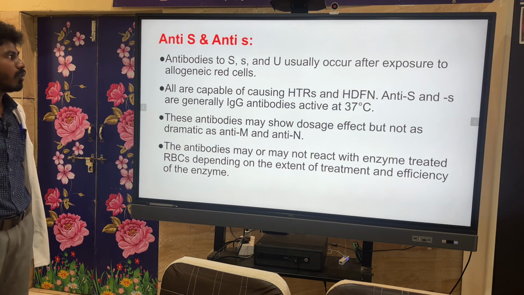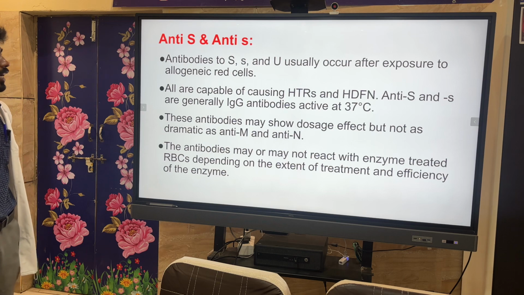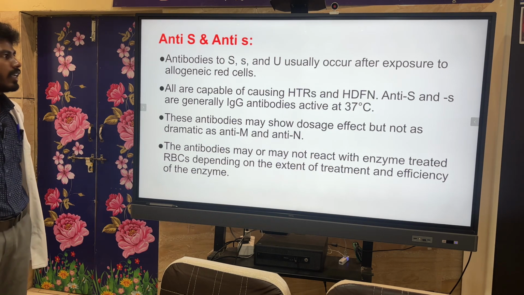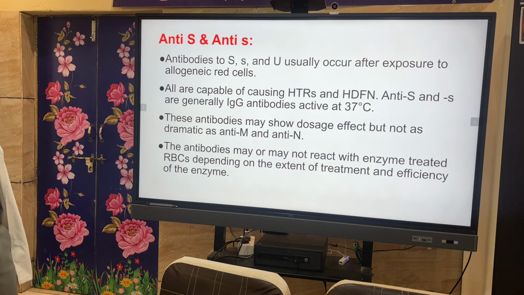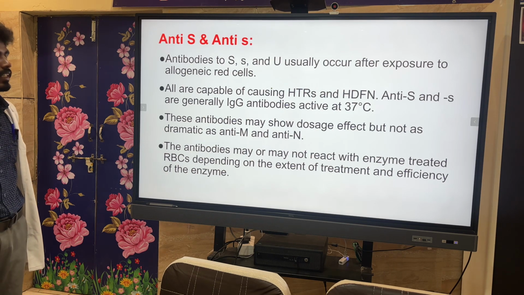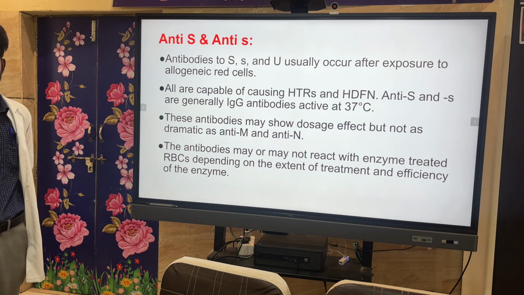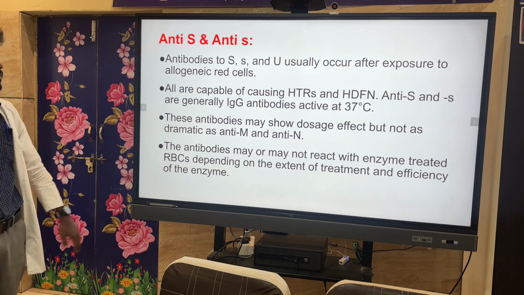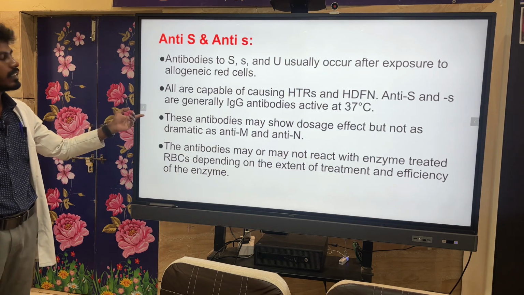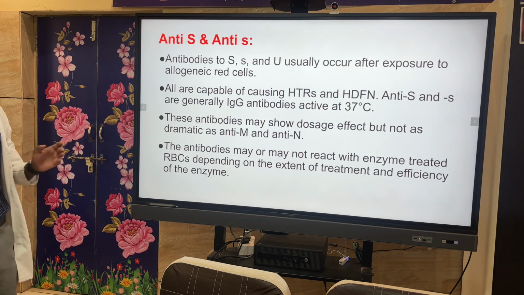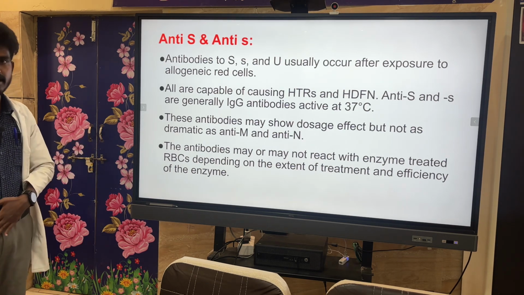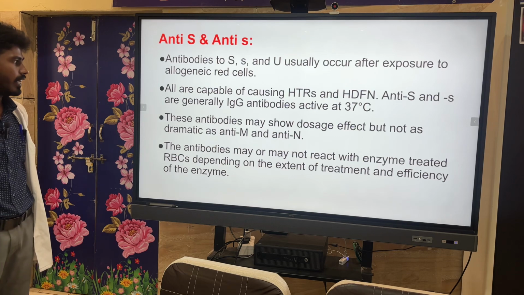Anti-capital S and anti-small s antibody. The antibodies to capital S, small s and U usually occur after exposure to allogeneic red cells. All are capable of causing transfusion reaction and hemolytic disease of the fetus or newborn. Both anti-S and anti-s react at or above 37 degrees Celsius.